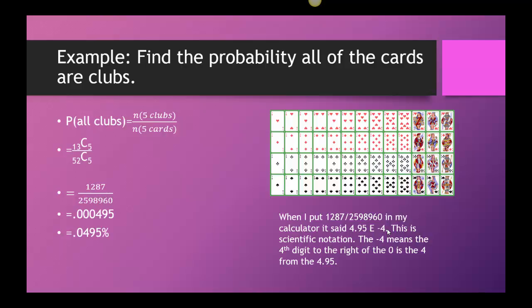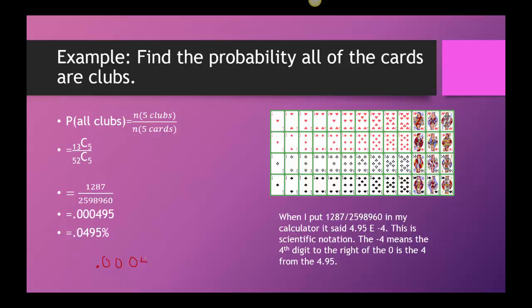This is scientific notation. What the negative 4 means is that this first digit is 4 places to the right of the decimal point. So when I go to write it down, I would start with a point, and then I would say 0, 0, 0.